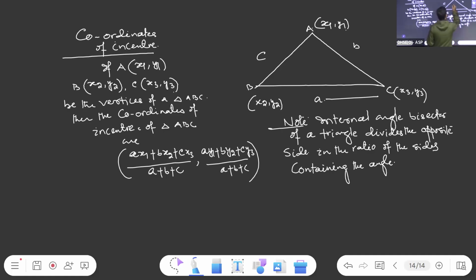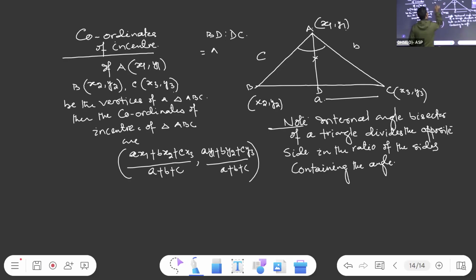If this is the internal angle bisector meeting BC at D, then BD is to DC is equal to AB is to AC. Right.